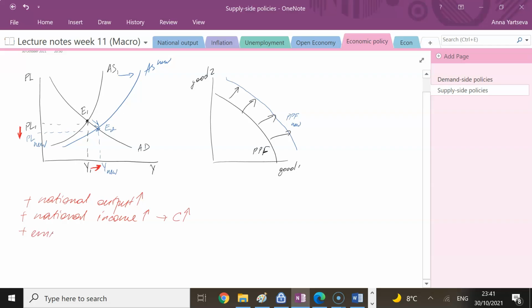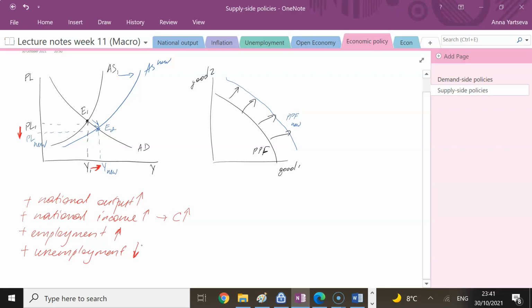Moreover, it leads to a higher employment level, because we need more staff in order to produce this higher level of output. Our economy is growing, we create additional jobs, and employment goes up, which of course leads to a reduction in unemployment. There are so many vacancies available that everyone who wants to work is now able to get a job.